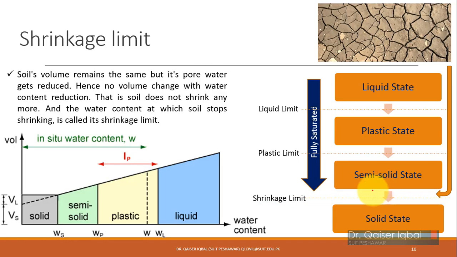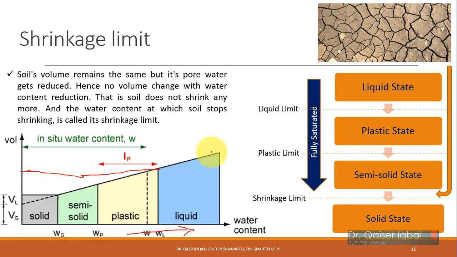So we can plot it on a graph like over here as well. If you plot moisture content and change in volume over here, then you can see in liquid state, while you're reducing the amount of moisture content, the moisture content is plotted over here, so it is increasing in this direction. Okay, so obviously if you are going in this direction, it is reducing. So at this point you can see coming from here to here, the volume of the sample has reduced by that much amount.